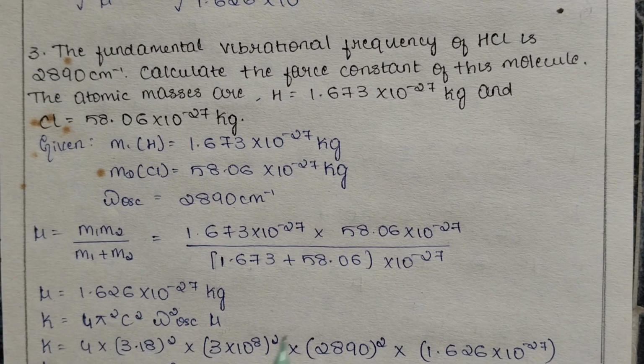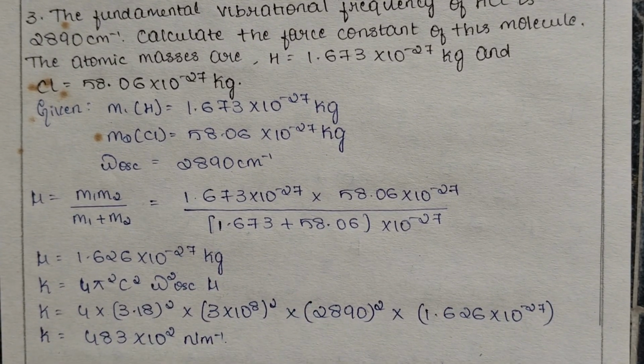And then evaluating these values, we'll get the value for the force constant K, which is 483 into 10 to the power of 2 Newton per meter. Since the unit for force constant is Newton per meter, we are representing it in Newton per meter only.